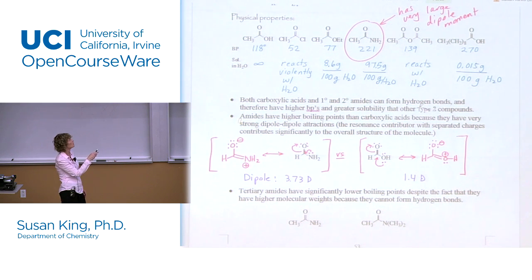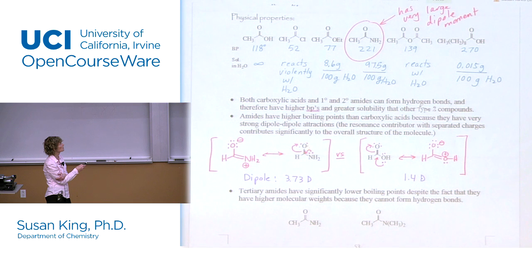Okay, so the reason is that this second resonance structure plays a really large part of the hybrid for two reasons. Number one, going from this resonance structure to this one, nitrogen is donating its electrons. And what do we know about base strength? Remember, we related base strength to resonance stabilization. Is nitrogen or oxygen a stronger base? Nitrogen by far, right? So since nitrogen is such a strong base, it really wants to kick in its electrons much more than oxygen.